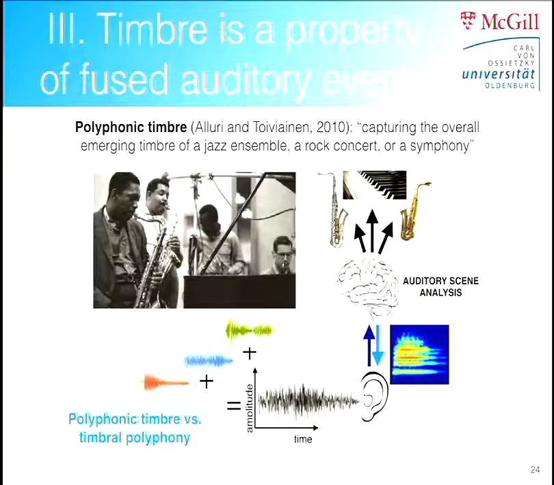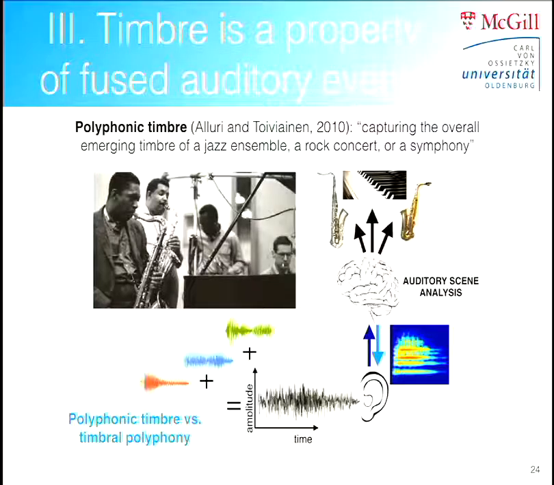So in MIR, when you consider timbre analysis, and myself, I've done similar work, you usually consider the mixture, the audio mixture in the end. And you apply timbre features to this, and then you try to come up with some sort of result. And this, of course, makes a lot of assumptions.